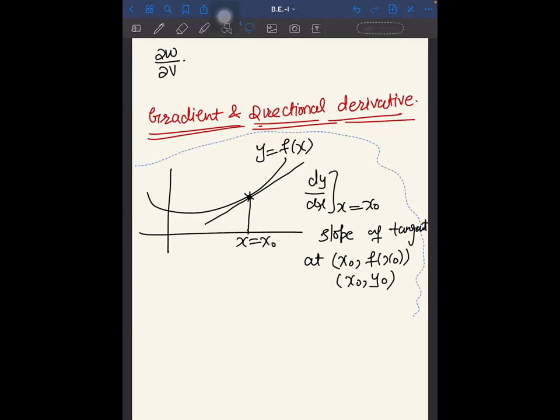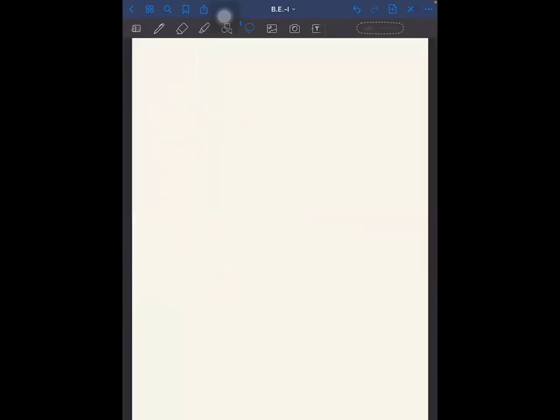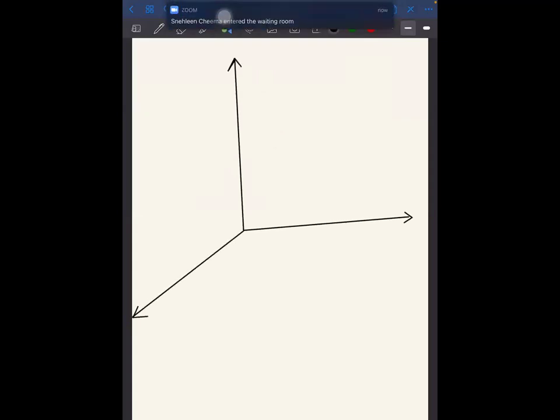Okay. So tell me one thing. If we are doing it in case of partial derivative, then what happens? So let me draw the picture again. Try to focus on this.